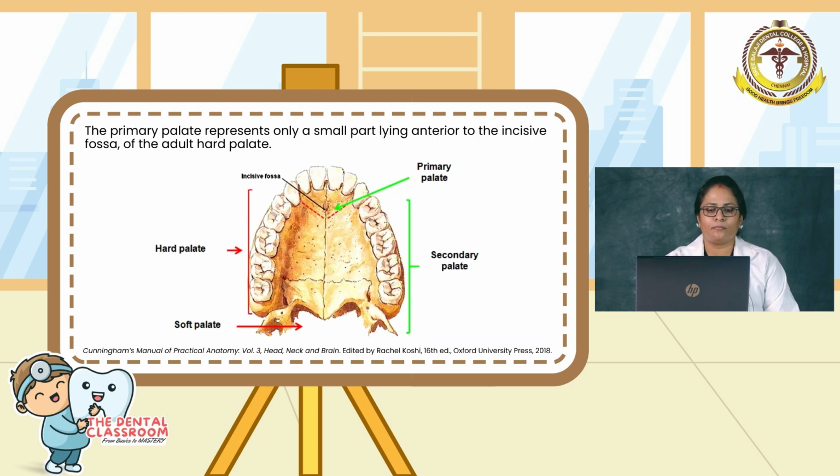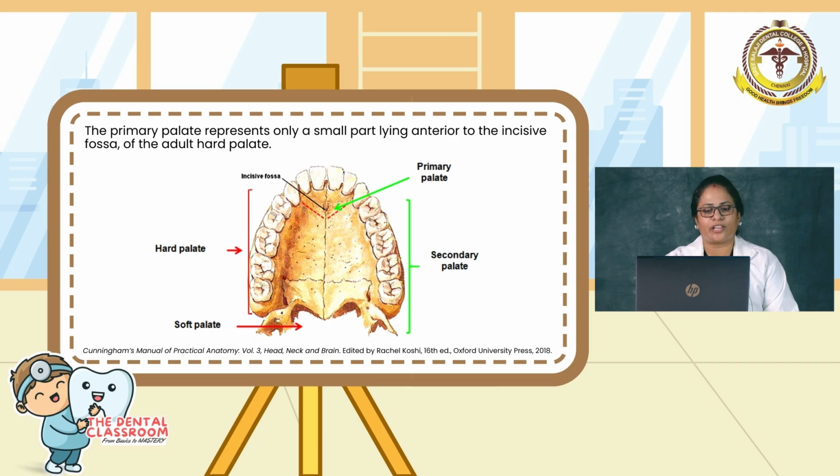So now let's zoom into the roof of our mouth, the palate. It's not just a flat bony plate. The palate is divided, as we have already seen, into the primary palate and the secondary palate. As you can see in this image, the primary palate is a very small triangular portion that lies in front of the incisive fossa, almost like a front porch of the palate.